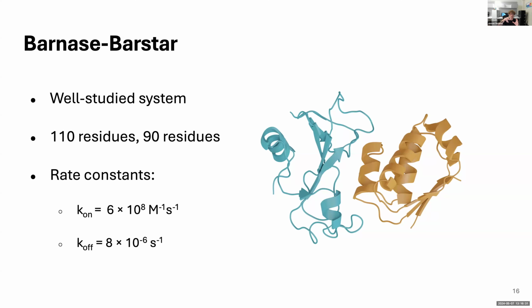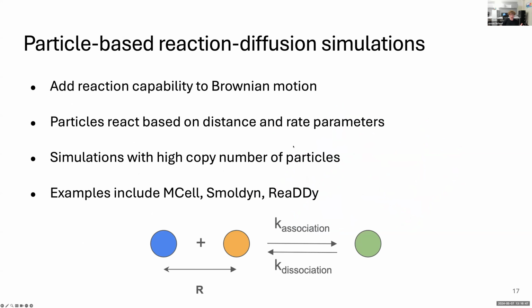Then we can also calculate the off rate, which is their dissociation. These are the experimental rate constants that we're trying to replicate, and ideally we'll get a fairly accurate estimation that's close to these.